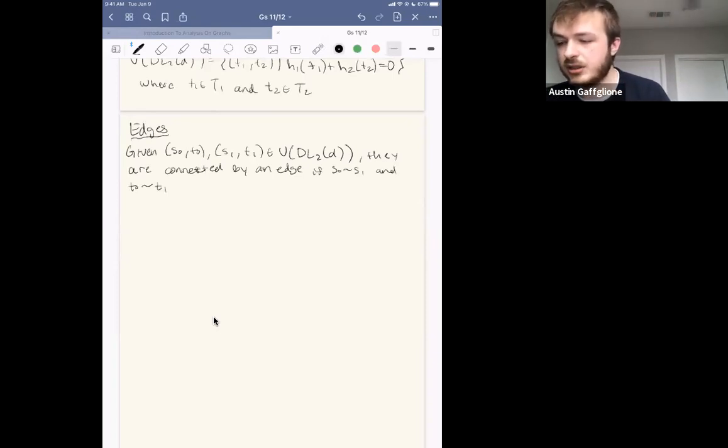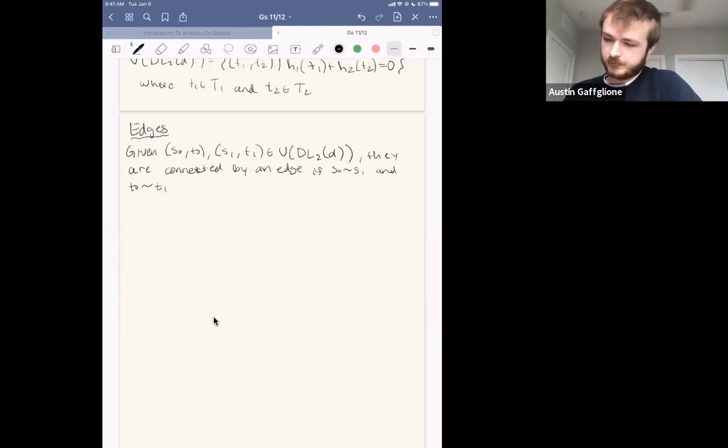So if S0 and S1 are connected in T1 and T0 and T1 are connected in the tree T2, then the ordered pairs (S0, T0) and (S1, T1) are connected in the Diestel-Leader graph. Okay.